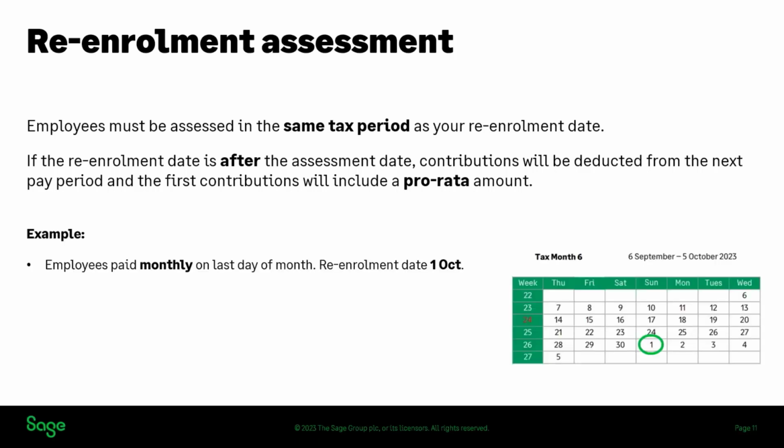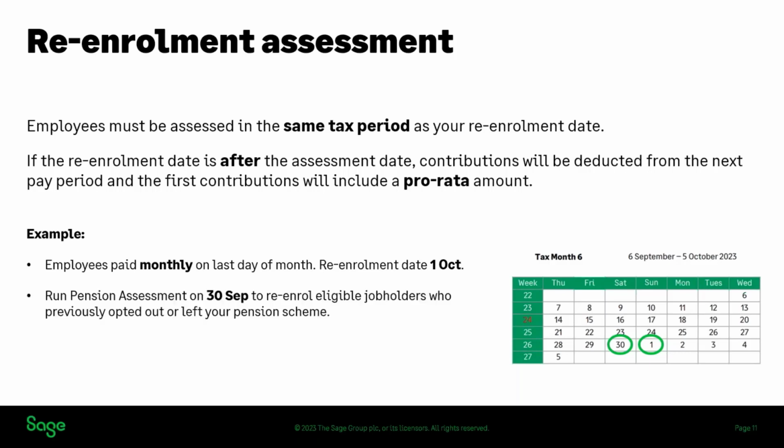So the example we're going to go through is we have a monthly payroll where employees are paid monthly on the last day of the month. And we've chosen a re-enrolment date of the 1st of October, which falls into tax month 6. So we need to run an assessment within that tax period.